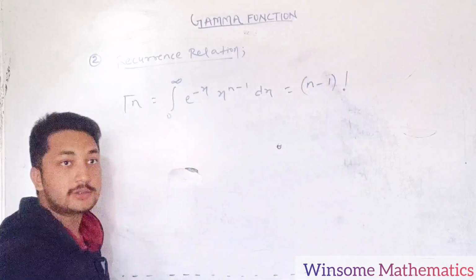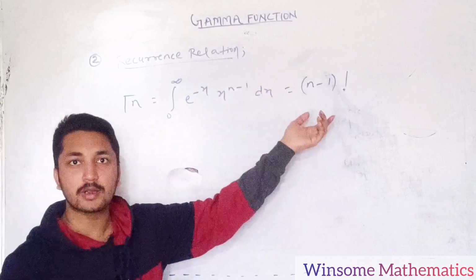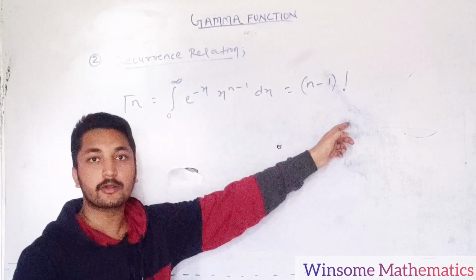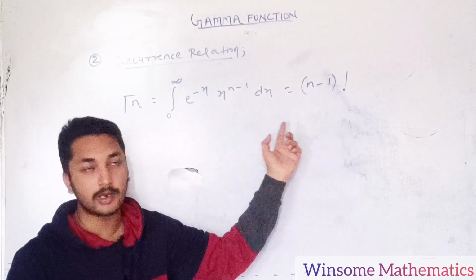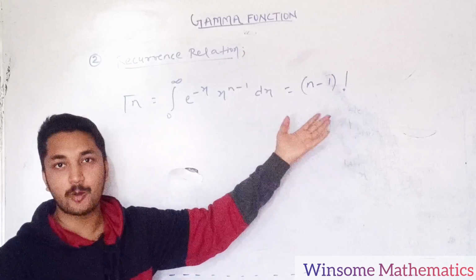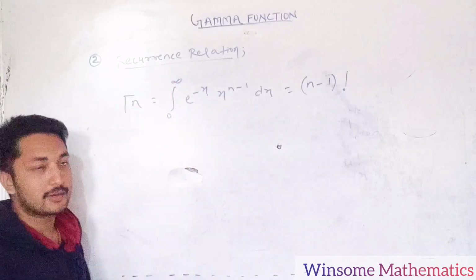This is the importance that I keep repeating, that this is a factorial function. So whenever we get the value of n, we can easily tell that this is n minus 1 factorial. If it is 6, then 5 factorial. If n is 7, then it is 6 factorial. If n is 8, then it is 7 factorial. Okay, so simple. Now coming to the recurrence relation.